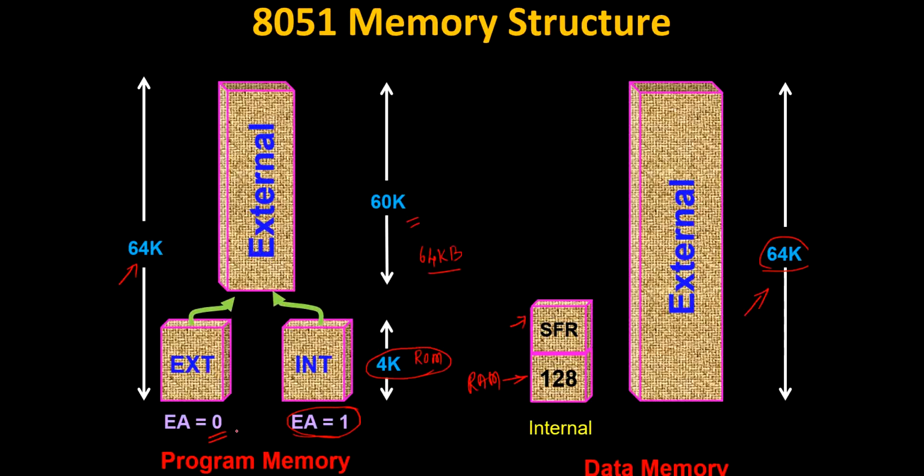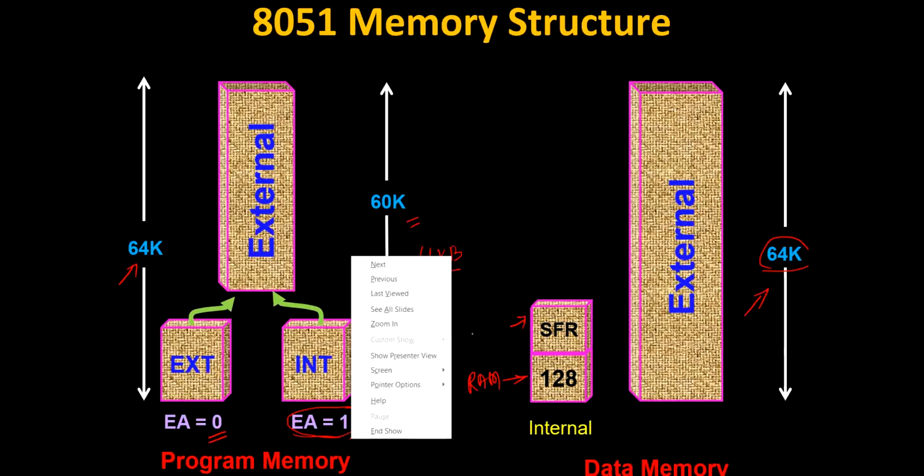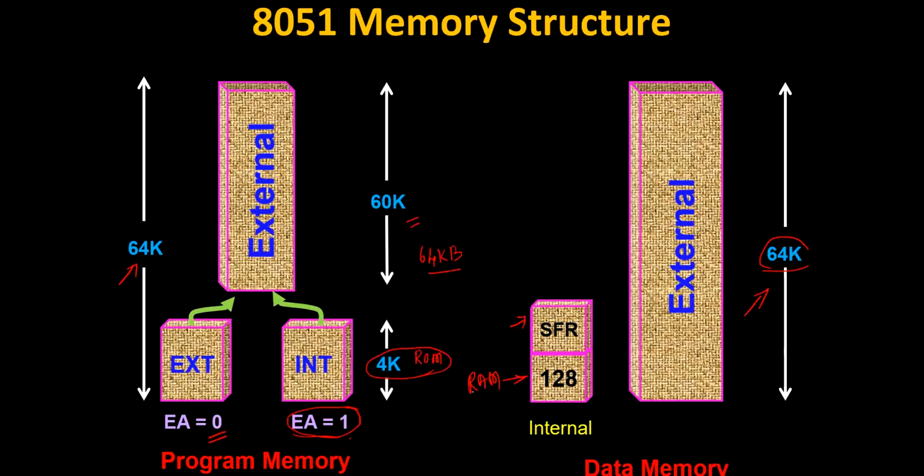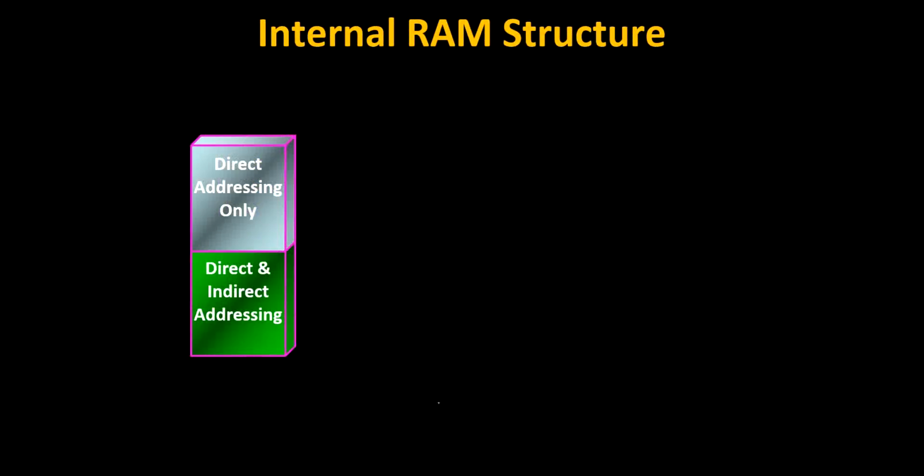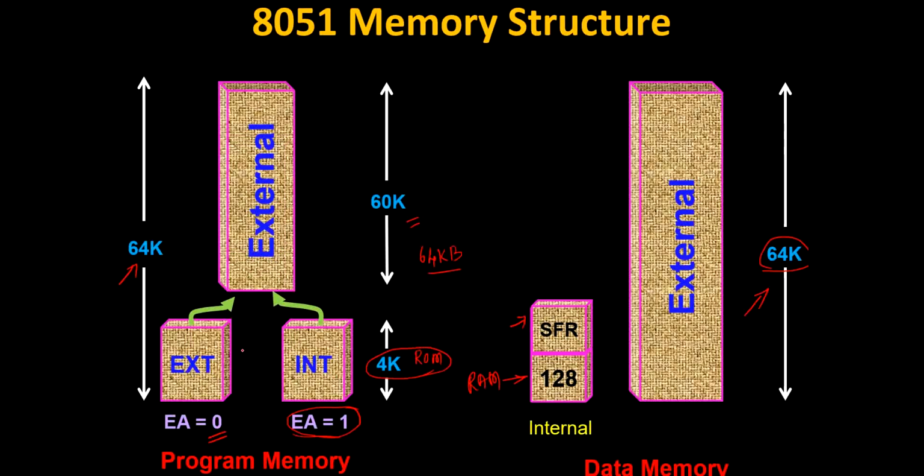So I'm repeating once again, when EA is equal to 1, it takes the internal memory of 4K ROM and 128 bytes of RAM. Whenever EA becomes 0, it is taken as external memory: program memory is 64 kilobytes and data memory is 64 kilobytes.